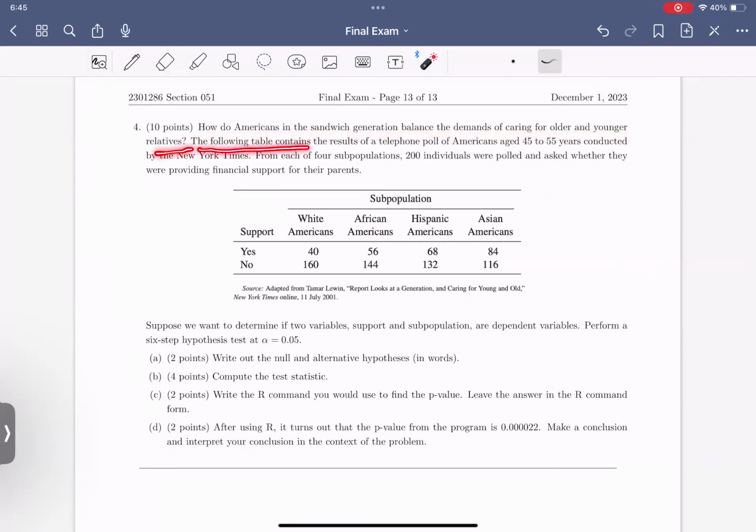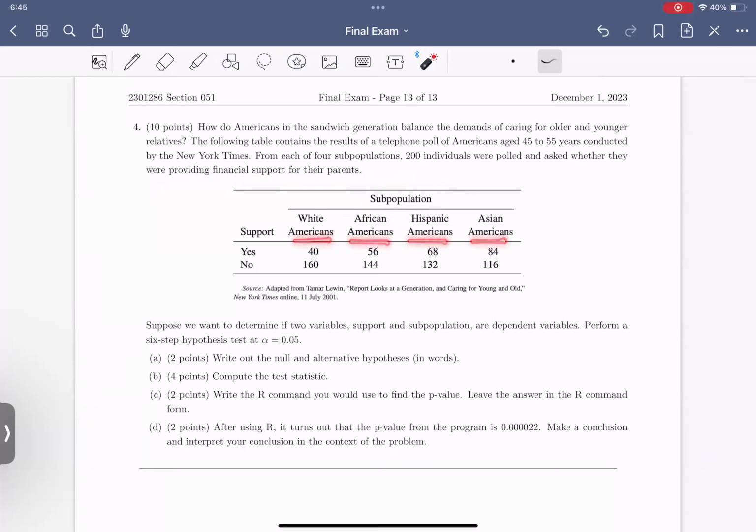The following table contains the result of a telephone poll of Americans age 45 to 55 years old conducted by the New York Times. From each of four subpopulations, 200 individuals were polled and asked whether they were providing financial support for their parents. All right, so we have four subpopulations: white Americans, African Americans, Hispanic Americans, and Asian Americans.